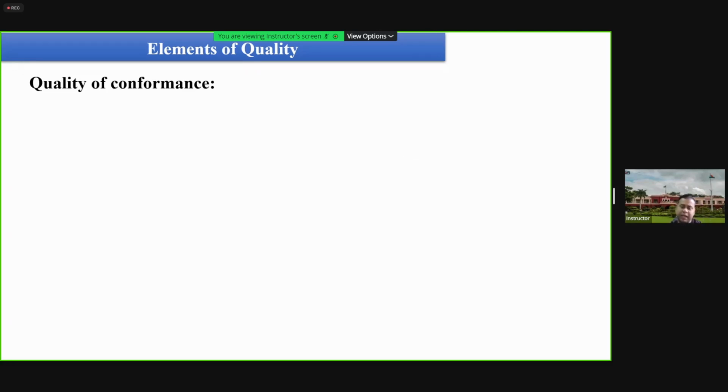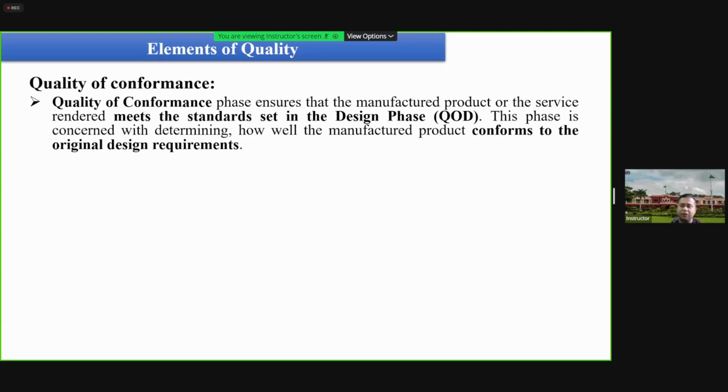For doing that, the quality of conformance phase involves the selection of the tools and equipment that we will be using, or the design of tools and equipment, and the operations required to ensure that the product will meet the design specification, and whether that system can actually be achieved or not.